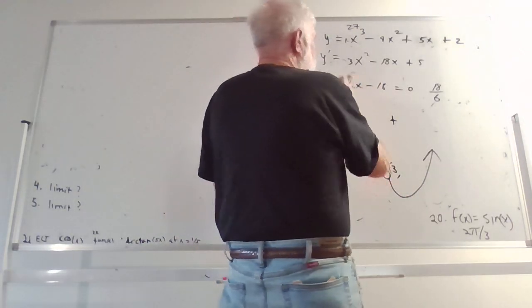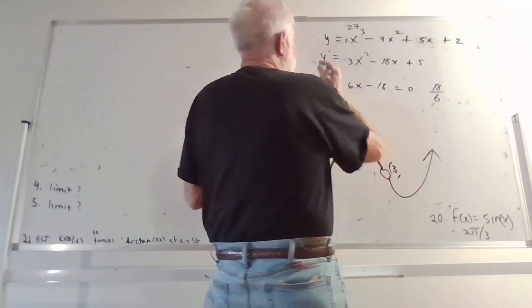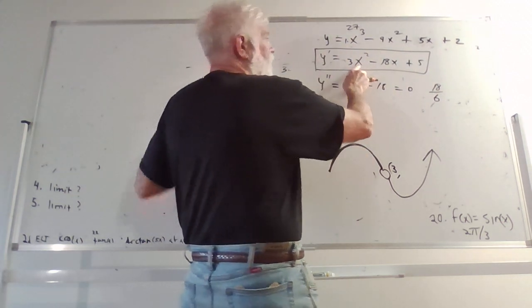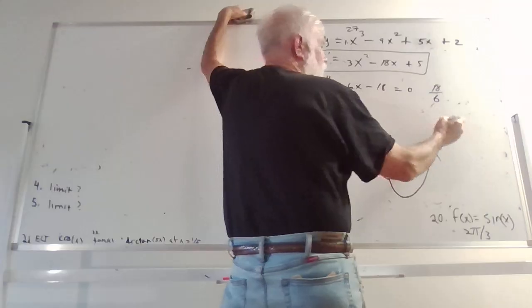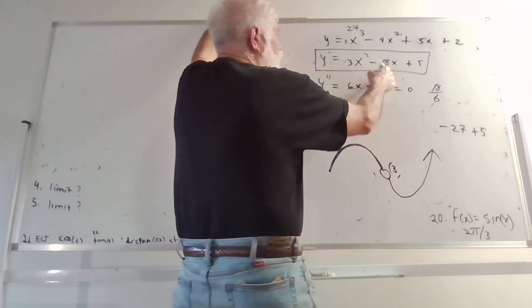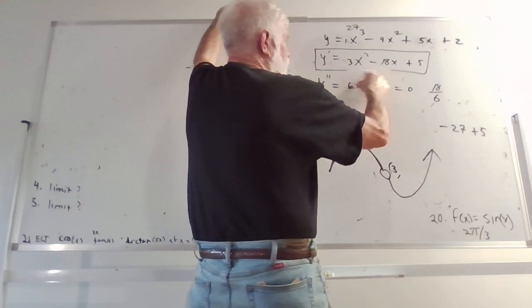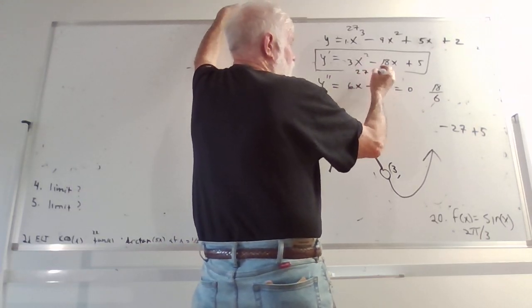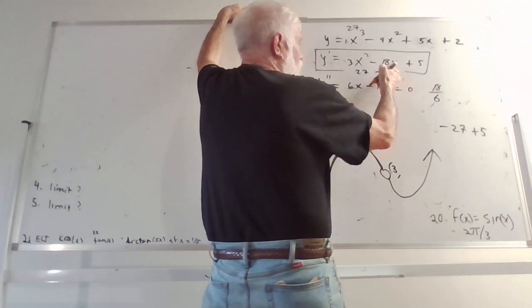I plug it in to the slope function. 27 minus 54 is minus 27 plus 5. Notice the 2-to-1 ratio when I plugged in a 3. I put in a 3, I got 27. This one is minus 54.